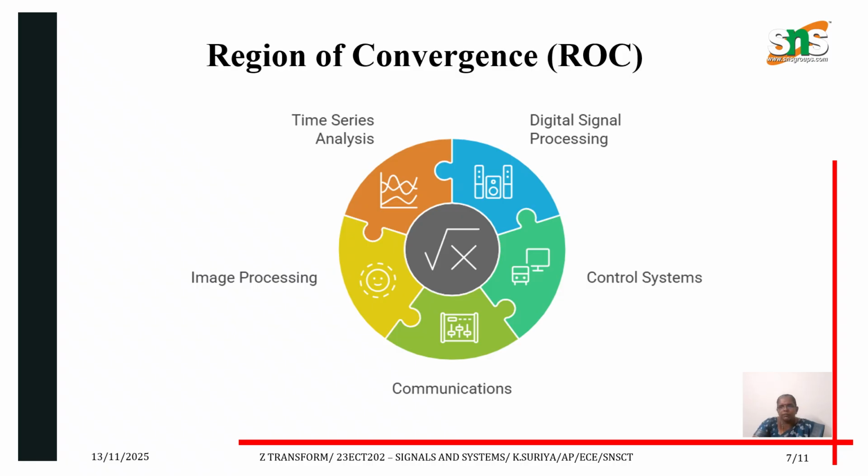In the communication field, it is used for analyzing and designing digital modulation and demodulation schemes, and compensating for channel distortions in digital communication systems by channel equalization. In image processing, it is used for image filtering by applying filters to images for noise reduction, edge detection, and other image enhancement tasks.